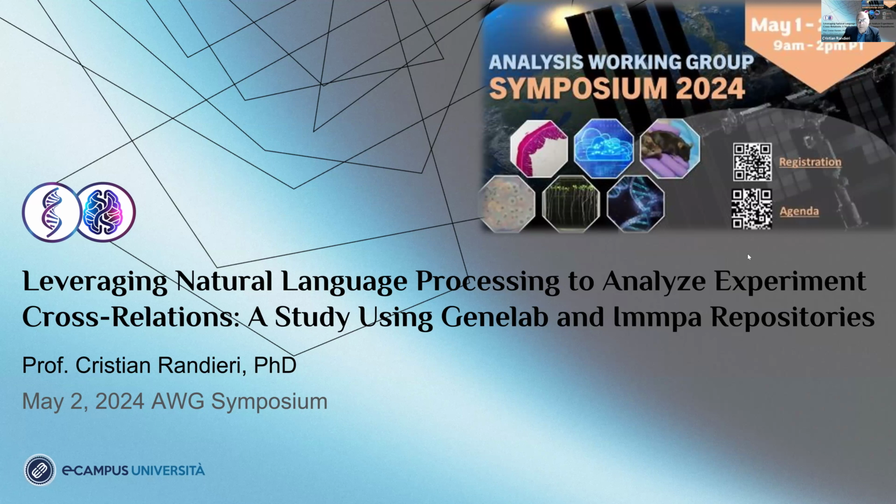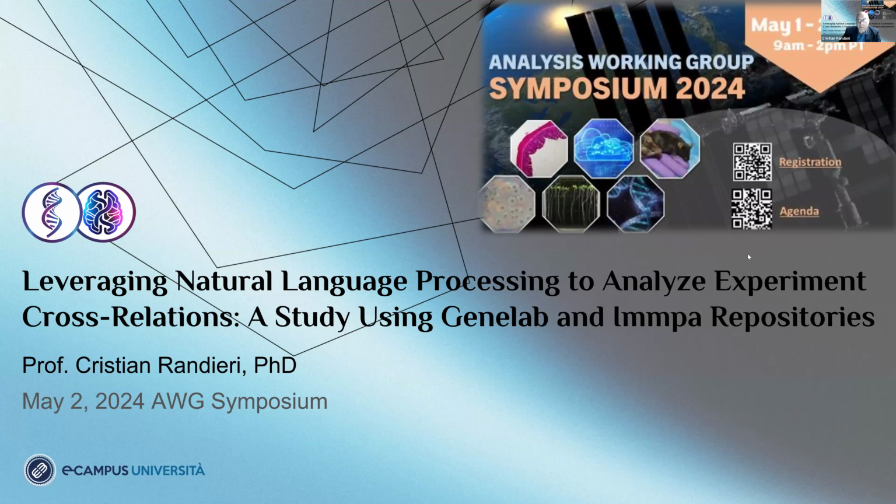Essentially, this study proposes a novel approach utilizing natural language processing techniques to extract and analyze experimental data from the GeneLab and IMPA repositories using an ad hoc developed tool called BioGene. The objective of this study is to uncover hidden patterns and associations between experiments, supplementing traditional analysis methods, and also to try to understand complex biological phenomena through AI.